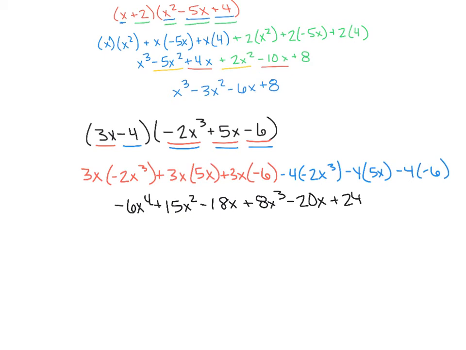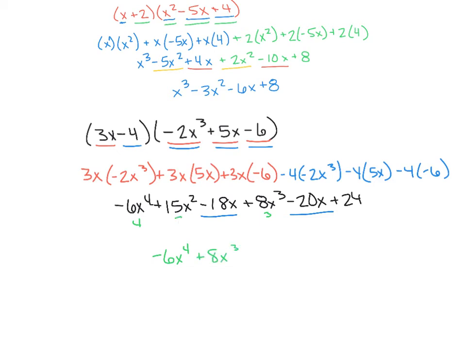And we look for common terms. We have negative 18x and negative 20x there, and I think that's all we have in common. So we're going to write those terms down in order of the degree they have. 4 is the highest degree, so we have negative 6x to the fourth. Then a third degree, so plus 8x to the third.